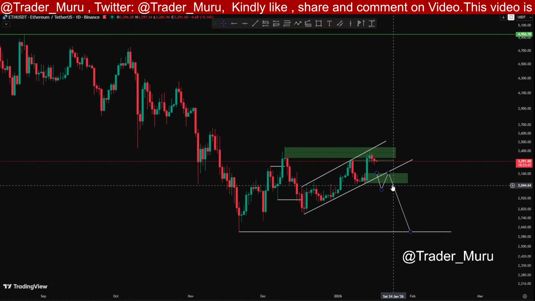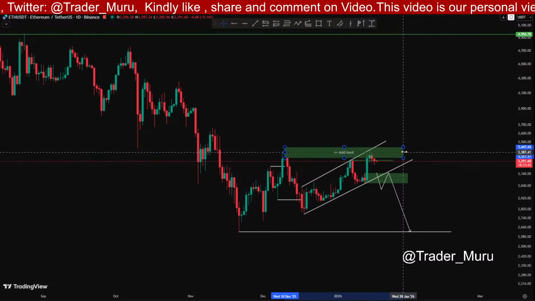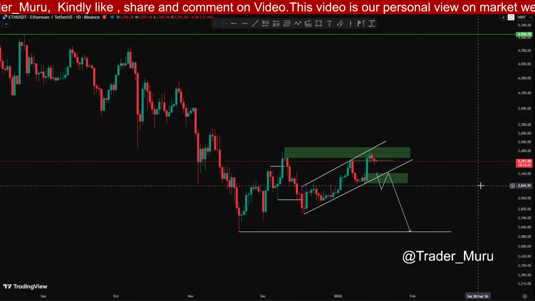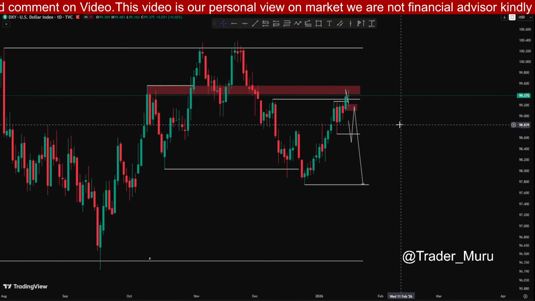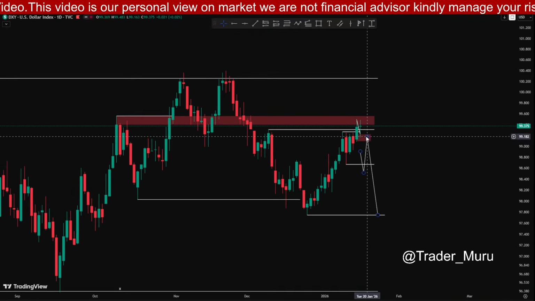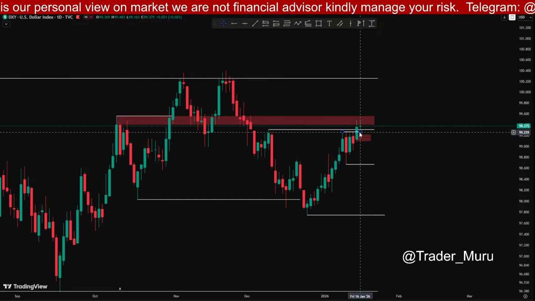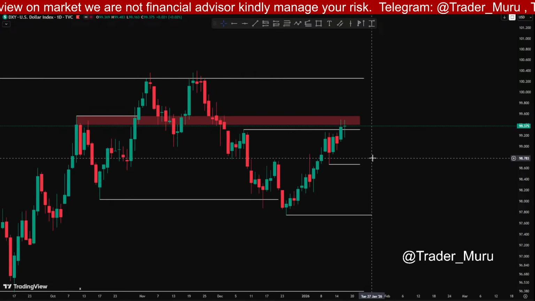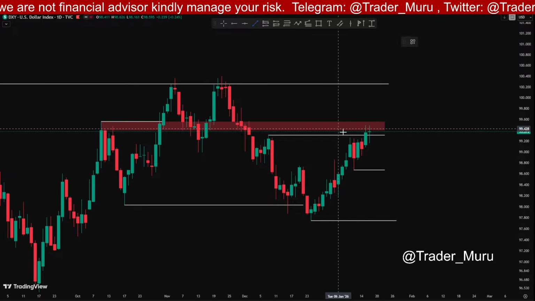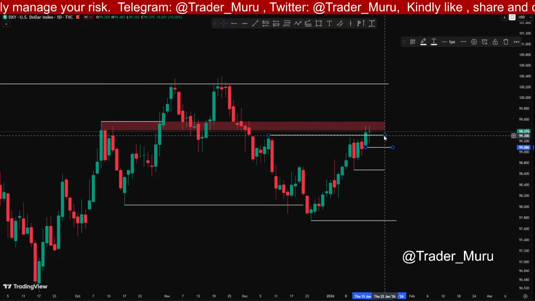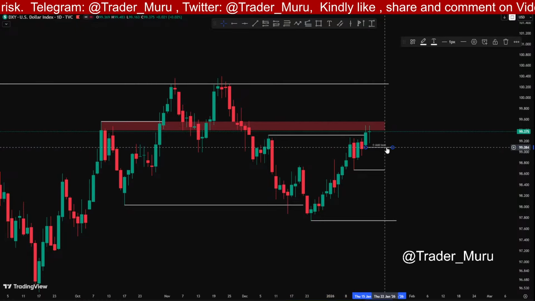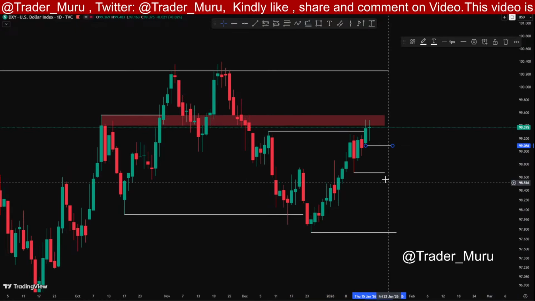Okay, so I will be watching for this one in Ethereum. Let's see DXY. DXY is trying to reject here at our POI, and the confirmation will be a 1 day candle close below this low around 99.